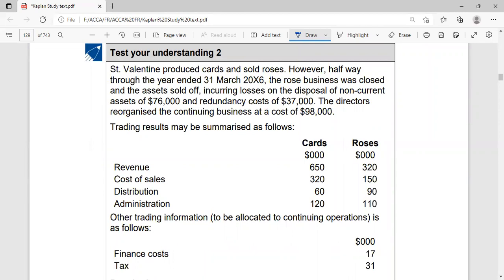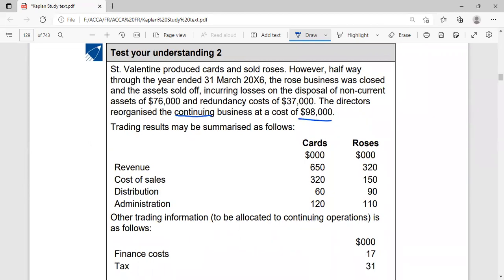So Valentine produced cards and sold roses. However, halfway through the year ended 31st March 2006, the rose business was closed and the assets sold off, incurring losses on disposal of non-current assets 76,000 and redundancy cost 37,000. The directors reorganized and continued the business at a cost of 98,000.